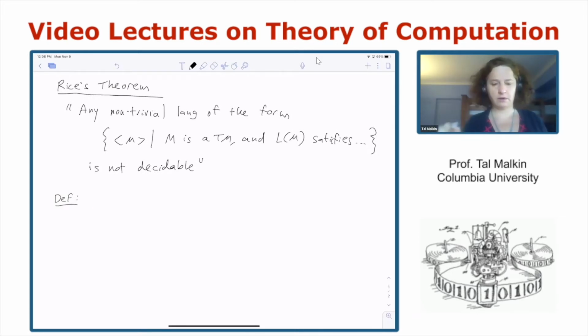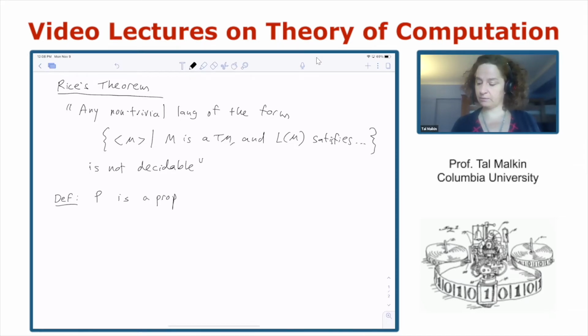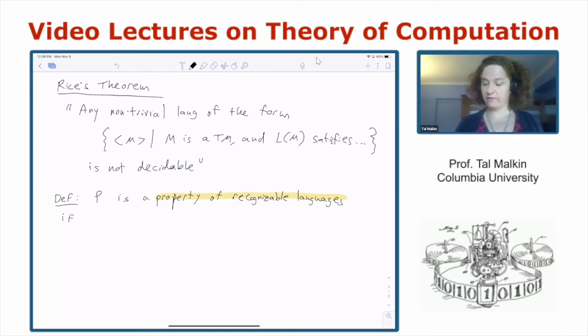So here's a definition. P is a property of recognizable languages if P is a subset of the set of all Turing machine encodings.